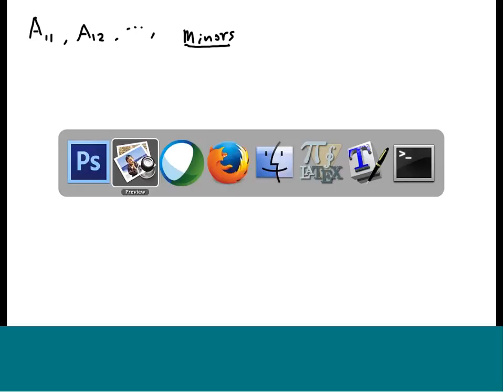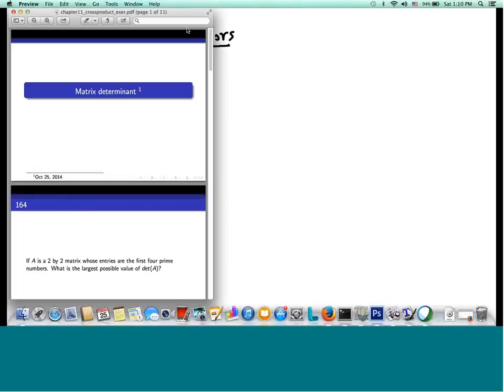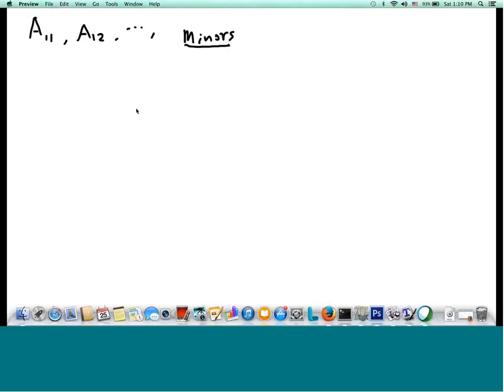Those things are called minors. That's the name. Because it's just a little bit smaller.